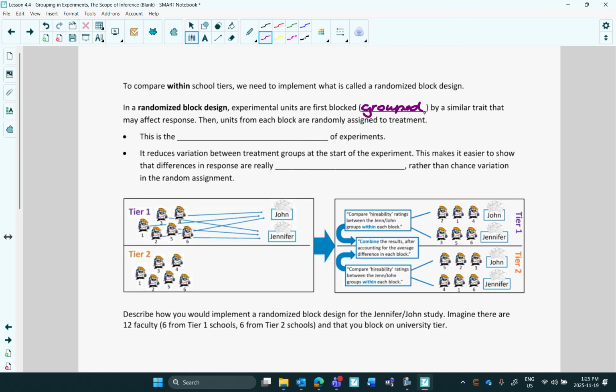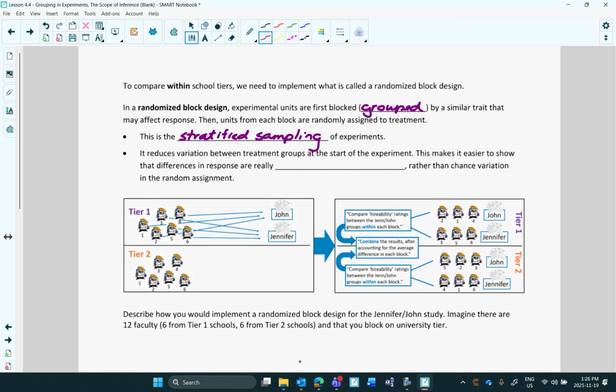This is very similar to stratified random sampling, the stratified sampling of experiments. Remember, when we were choosing samples, the population we were randomly choosing from had groups within it that may have had differing opinions or different characteristics. Same with experiments.